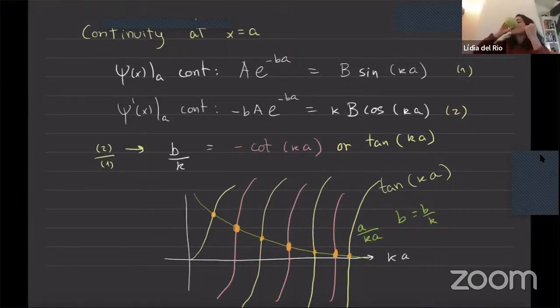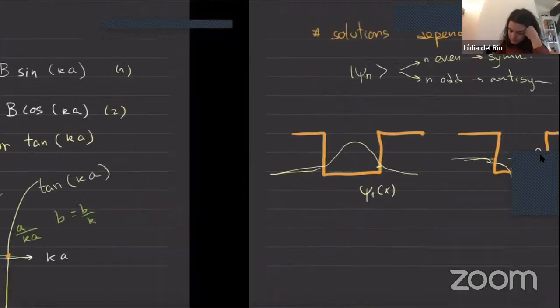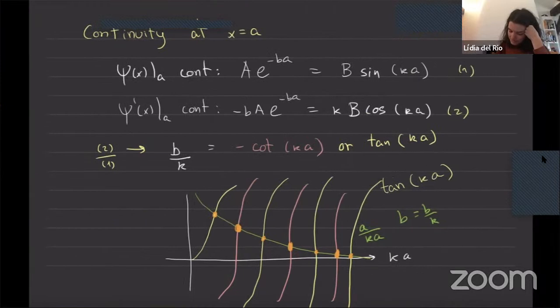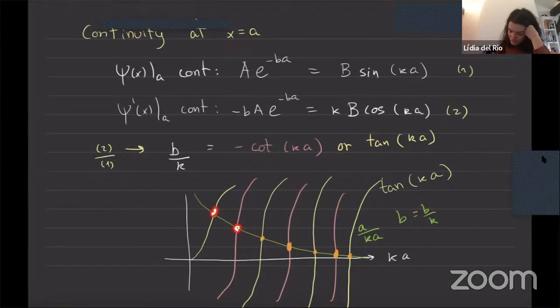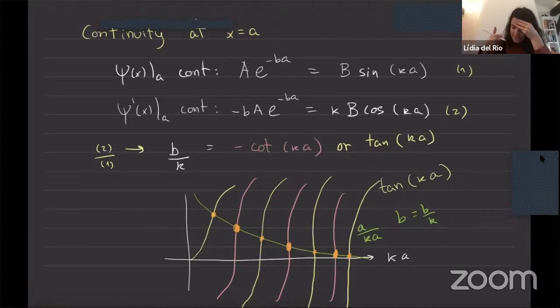So what we found out is the following. One, there's a finite number of bound states that are energy eigenstates. Two, the allowed energy values for bound states are discrete.